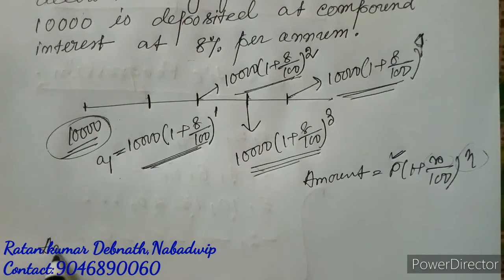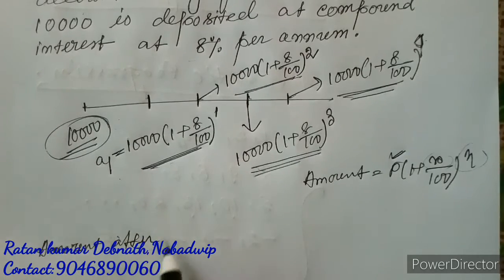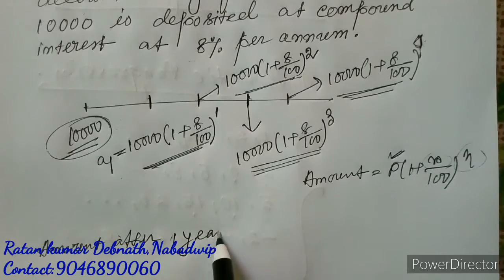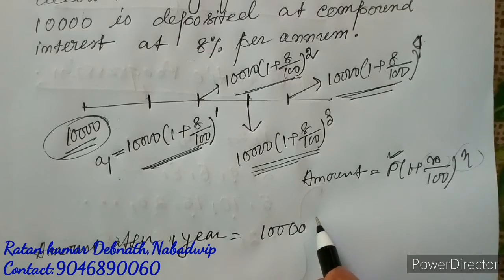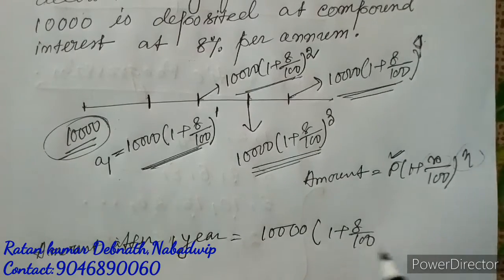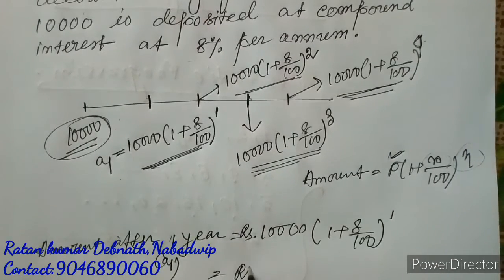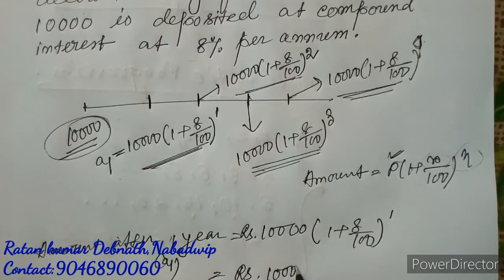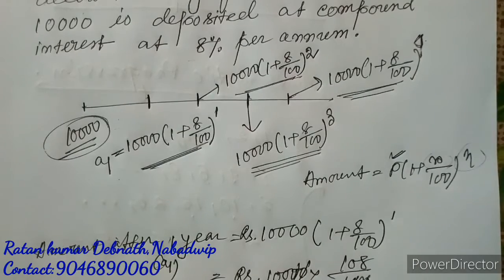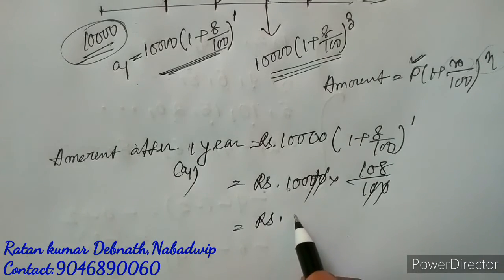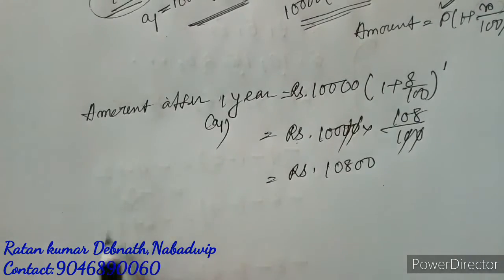Amount after 1 year. This is our A1, rupees 10800. Amount after second year.